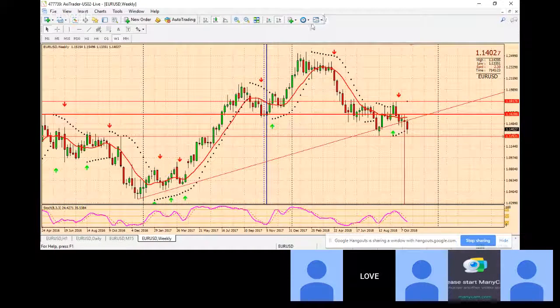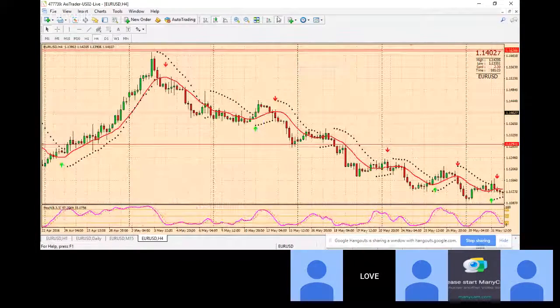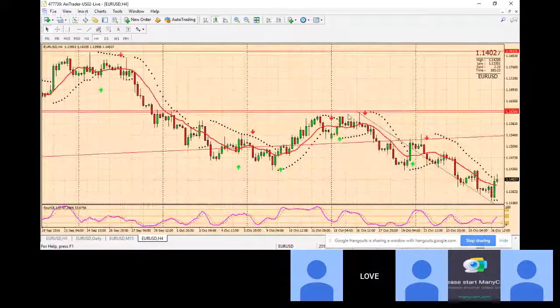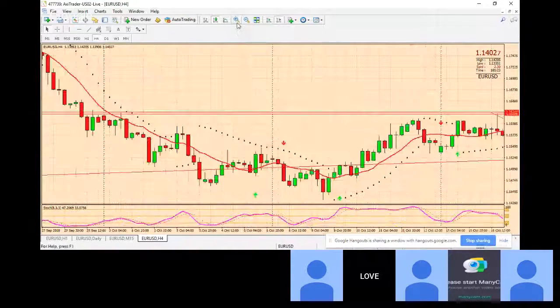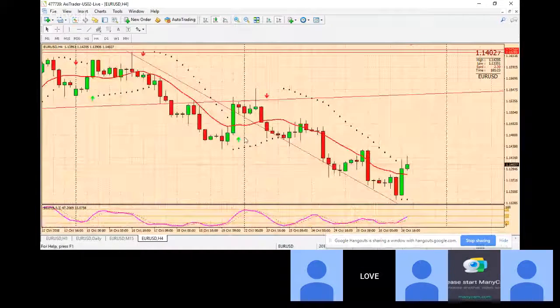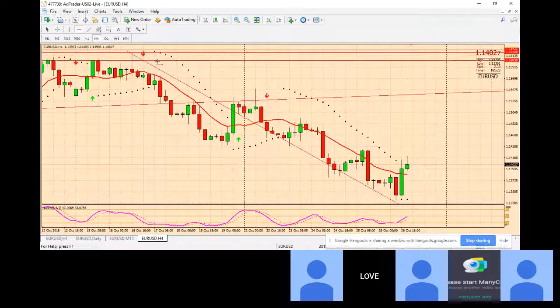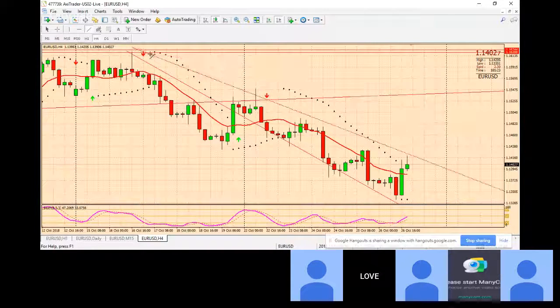So let's look at a smaller time frame. We can see a rejection took place on Friday, price rejected, and then what do we see here? A possible short-term reversal. Still within the downtrend, as you can see. If you draw a trend line from the top to the bottom, that will give us where the price is.